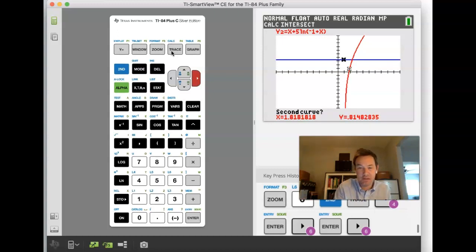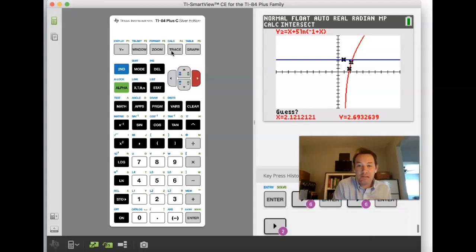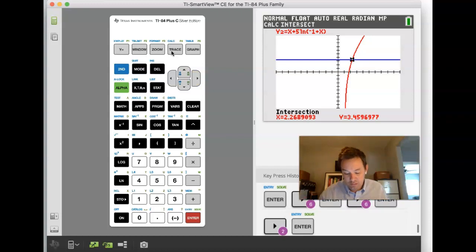So use the arrow keys to scroll until you can see it's close to that point of intersection. And then it'll ask you to guess. You don't really, in this case, need to do anything, but generally, if there are more than one point of intersection, you want to move the cursor close to the one that you want the calculator to find. Hit enter one more time, and there we go.